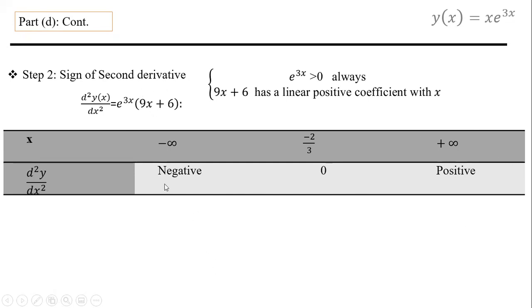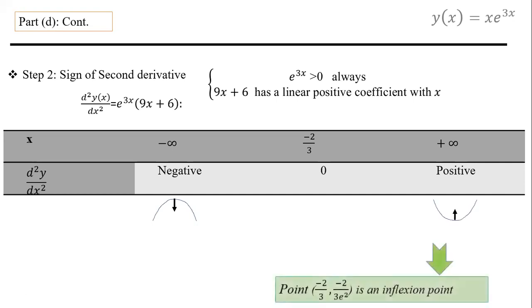So our second derivative changes from negative to positive, meaning the concavity changes. So this point is really an inflection point. One note here is that at an inflection point, the first derivative of y should exist. If a function undergoes a concavity change around a point, but no first derivative exists, that point is not an inflection point.